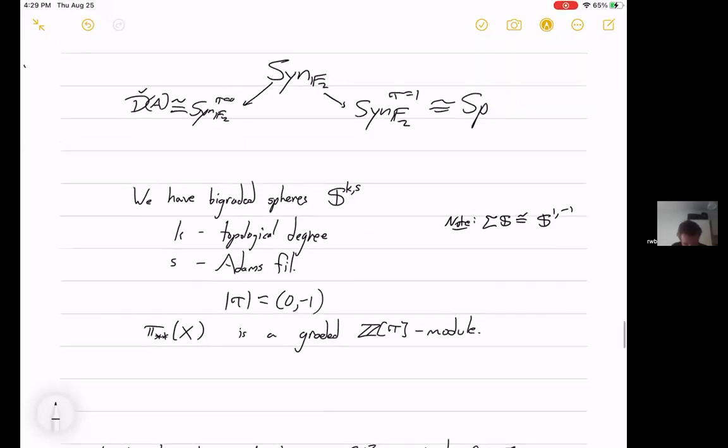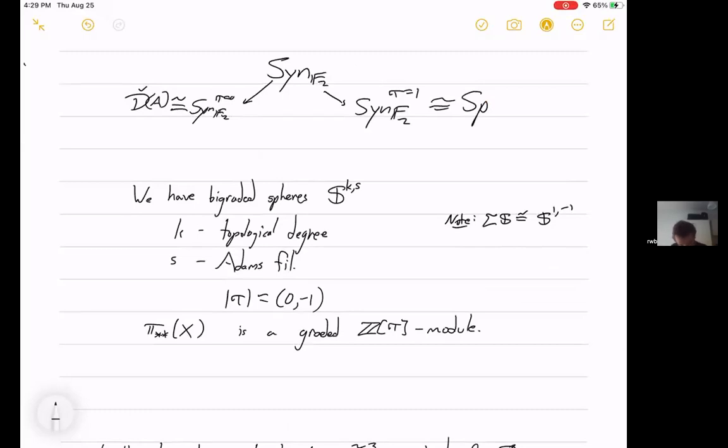And when you take pi star of X, the bigraded homotopy groups of a synthetic spectrum X, you get a bigraded Z[tau]-module. And it's worth recording here what happens in (0,star), so these are the degrees that contribute to pi 0, topological degree 0.